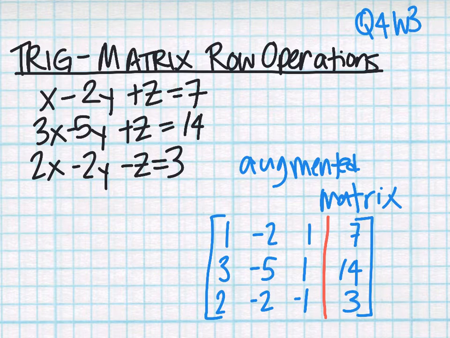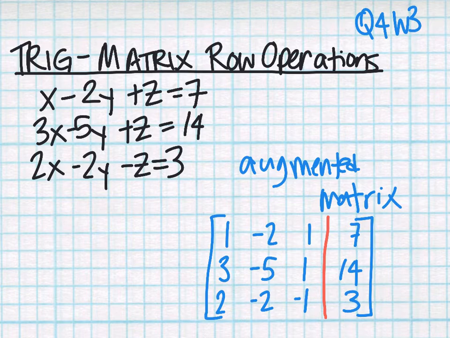Now, when we're doing Gaussian elimination, we don't need this part so much. We really just need to worry about this stuff over here. So you'll often see people using just the left-hand side, but it gets a little sticky. So we're going to use the entire augmented matrix today and talk about a couple of things.